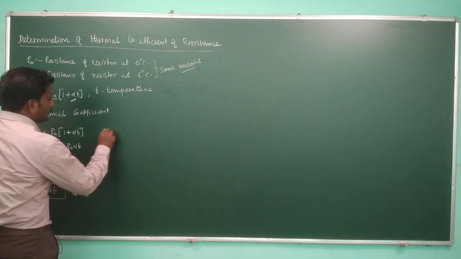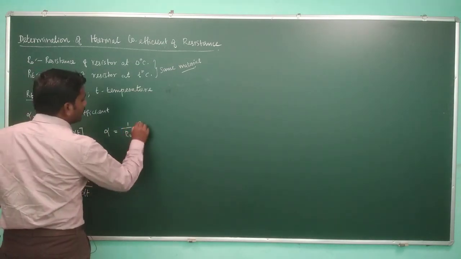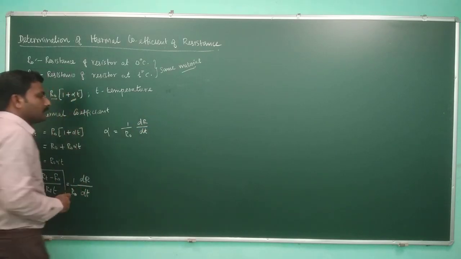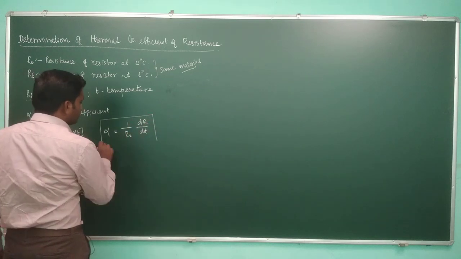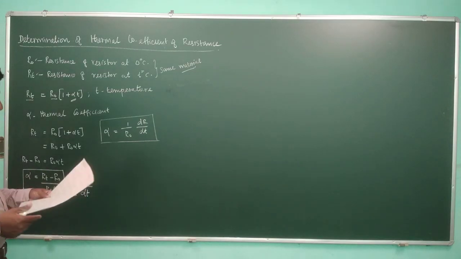So you can write this equation as 1 by R naught times dR by dt, the change in resistance with respect to change in temperature. This is the thermal coefficient of resistance.